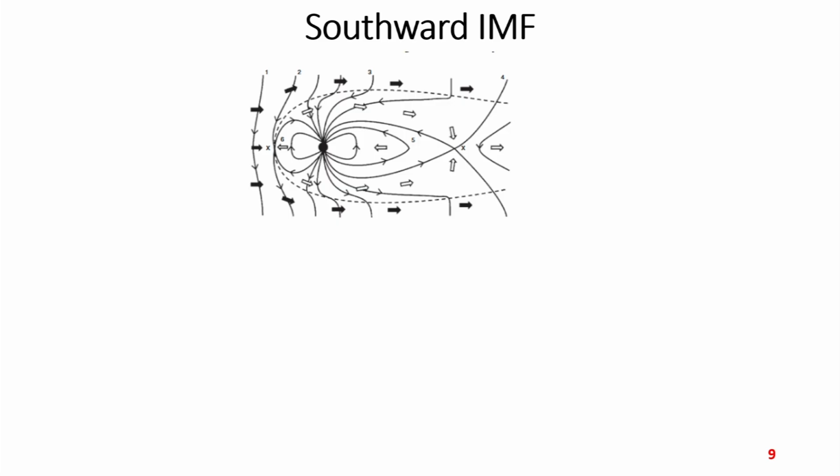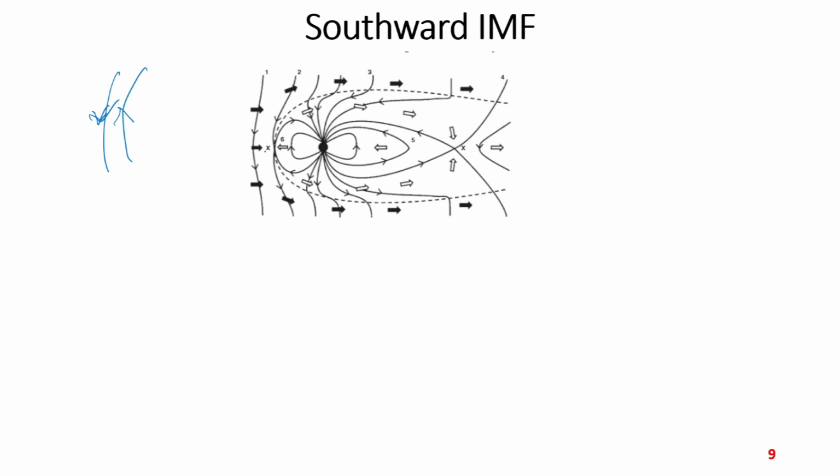So, you have two magnetic field lines in opposite directions. Because of the solar wind pressure, they touch, and reconnection happens.